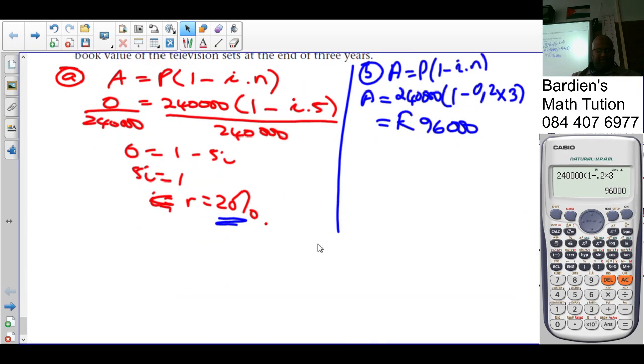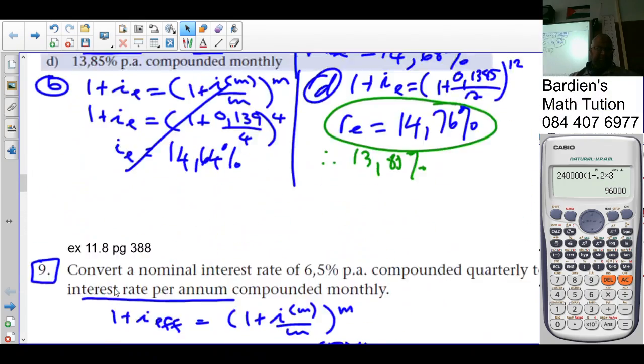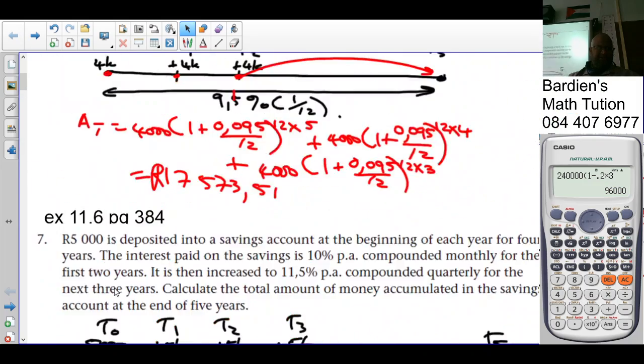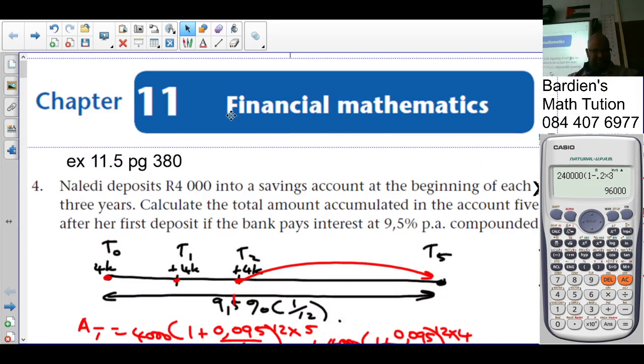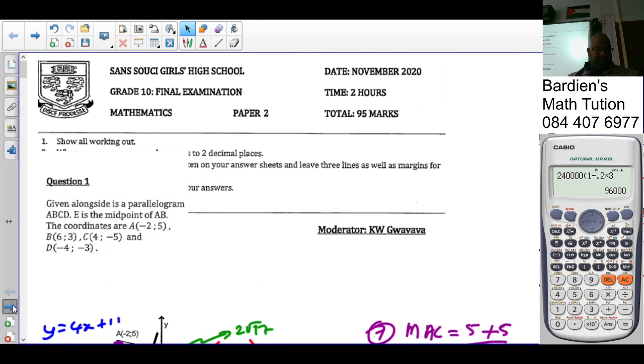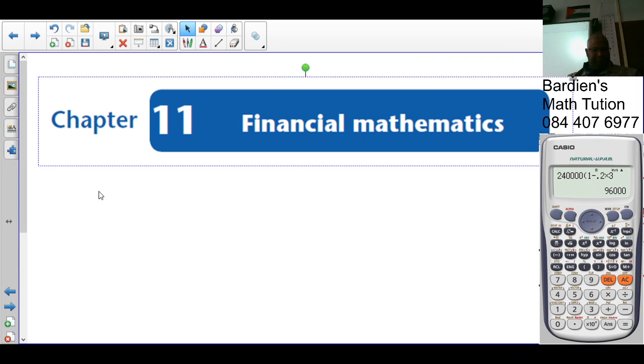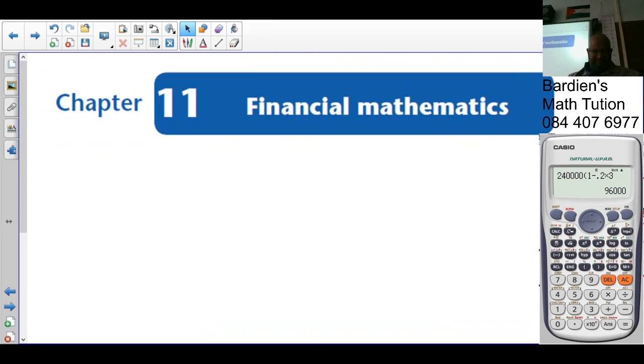No. So let's look at example 3. Three or four? 4. So we did 3 yesterday. Yes.